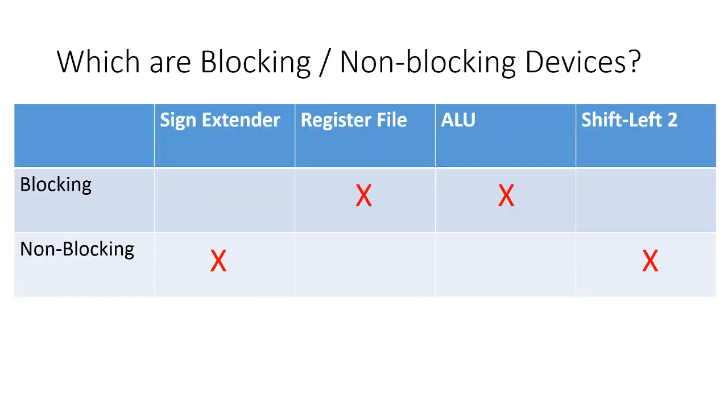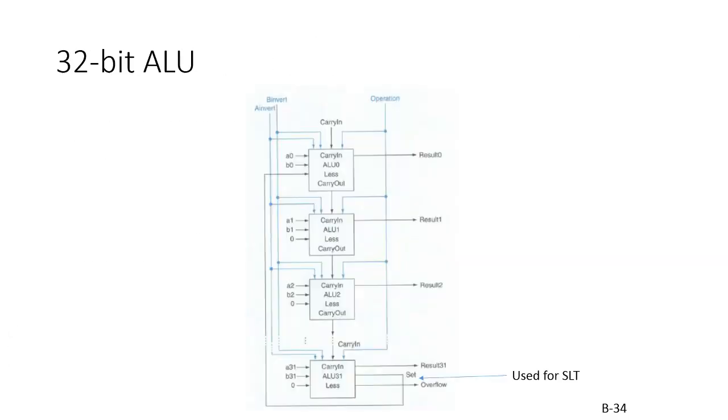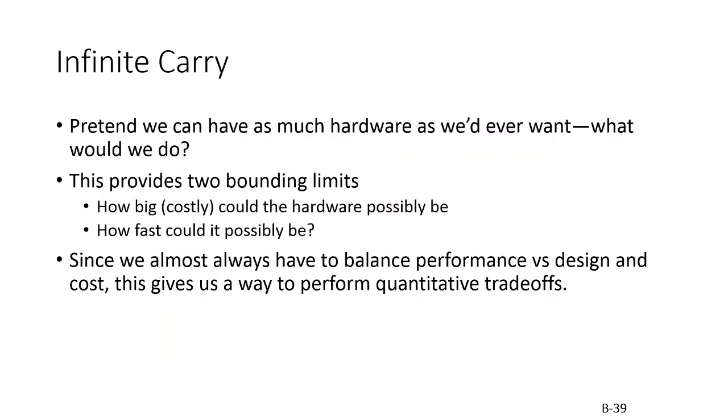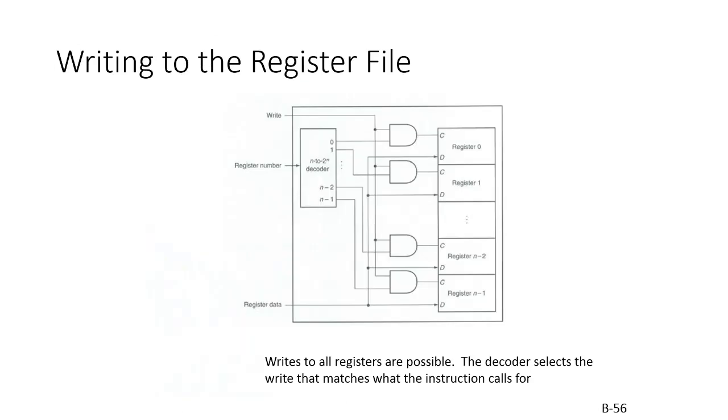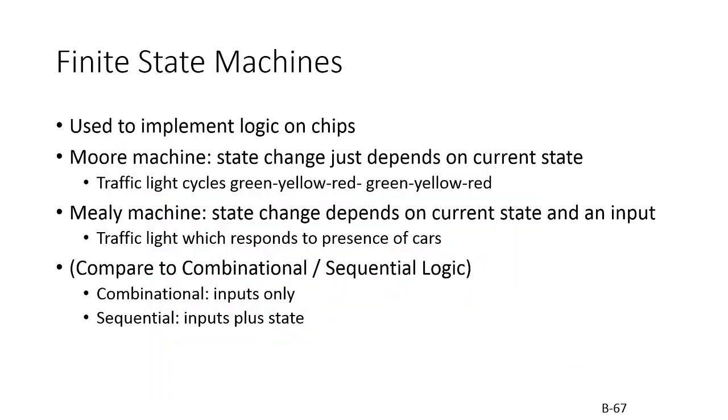I'm kind of wrapping up, but we do need to talk about clock methodology here a little bit, because there are some interesting things that go on with clocks to wrap everything up with what's called finite state machines. Finite state machines basically are the way to express all of this, putting it all together, right? Where we have both combinational and sequential logic, and they depend on previous state and current state.